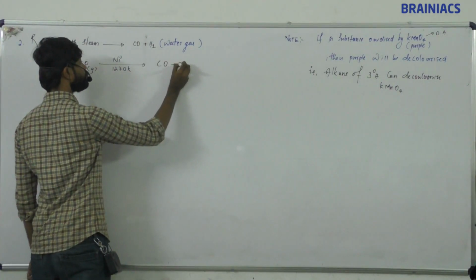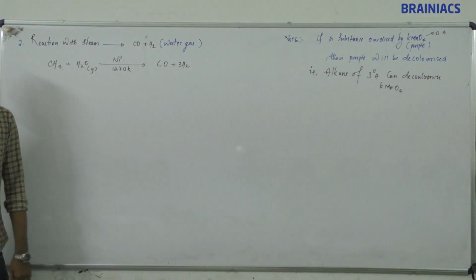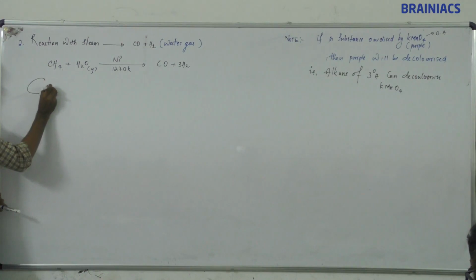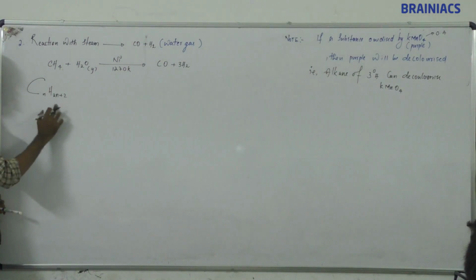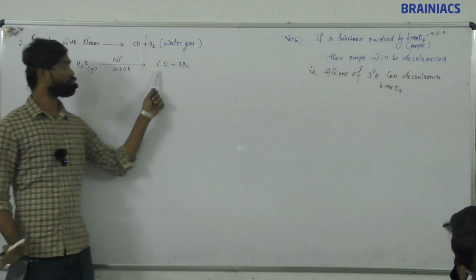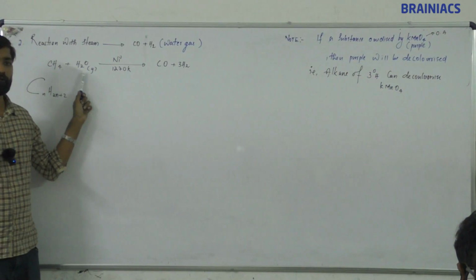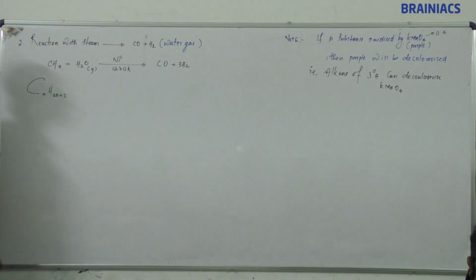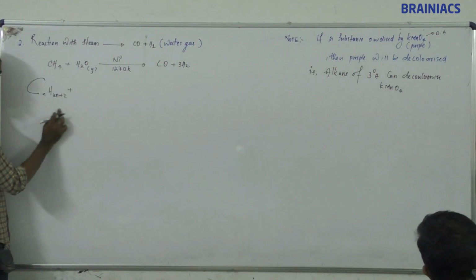So alkane plus steam gives CO plus H2, which always forms water gas. The only difference is in the stoichiometry of CO, H2O and H2.